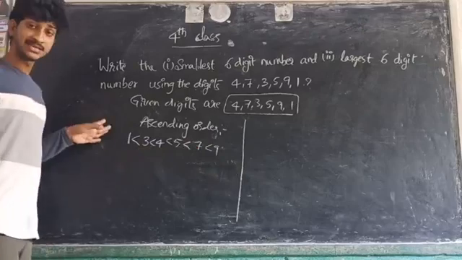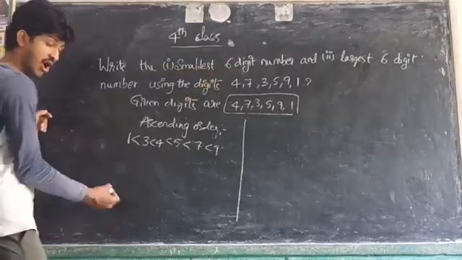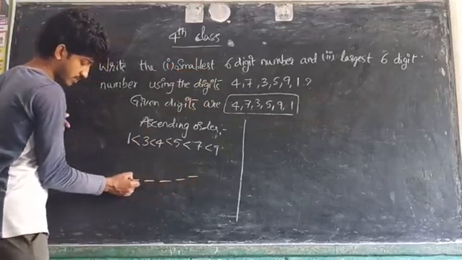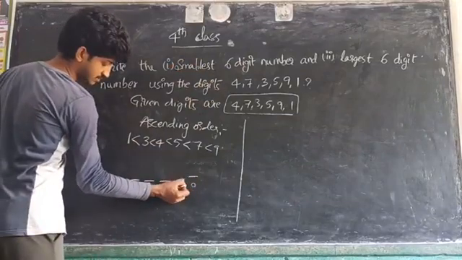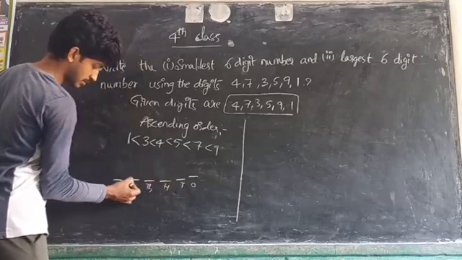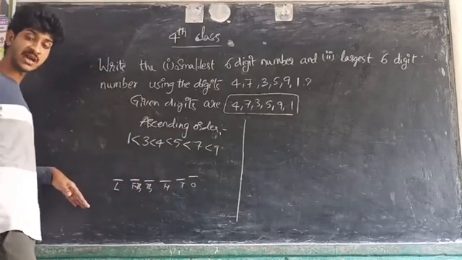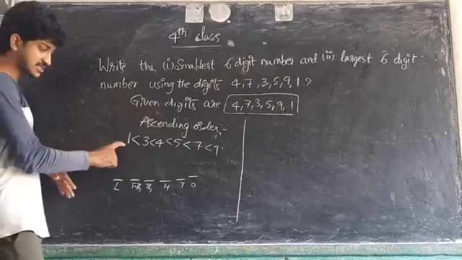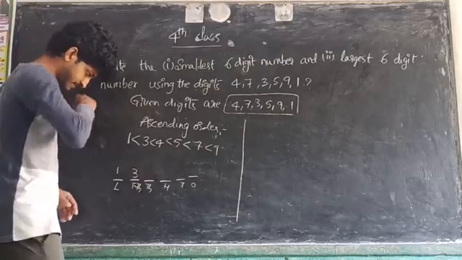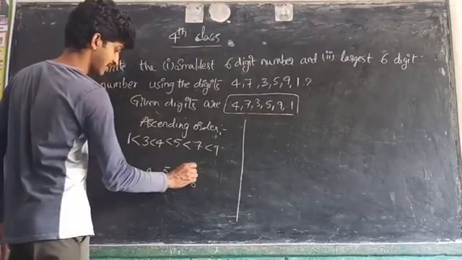So what he is asking for is the smallest 6-digit number. How many digits are in that number? 6 digits: 1, 2, 3, 4, 5, 6. Ones, tens, hundreds, thousands, 10,000s and lakhs. 6 digits means up to lakhs. Now place these numbers order-wise: 1, 3, 4, 5, 7 and 9.